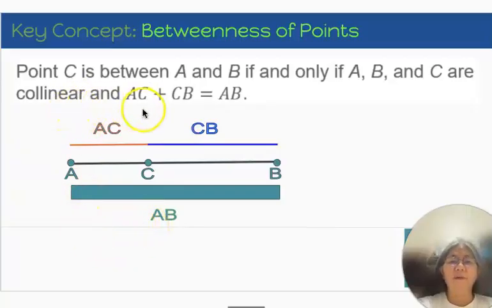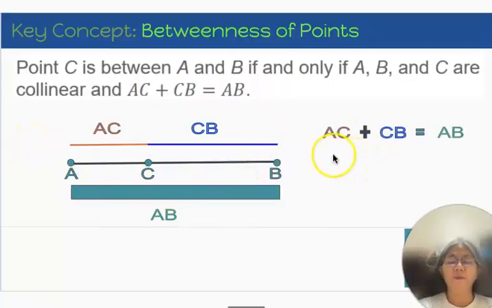So the key concept of betweenness of points is that you have collinear points, and then the sum of the two parts is equal to the whole. The sum of the two parts, which is AC and BC, is equal to the whole line segment.